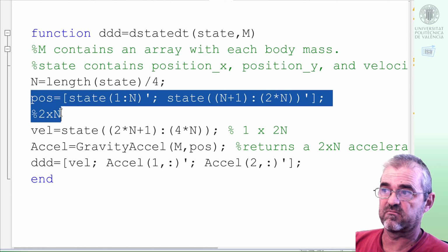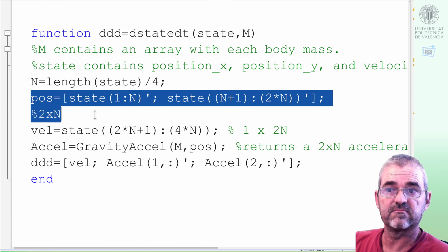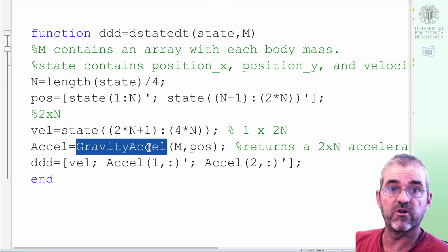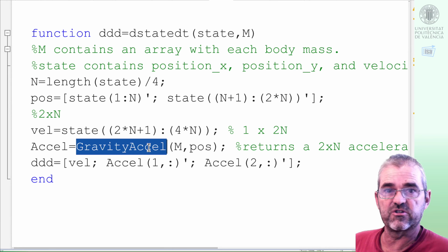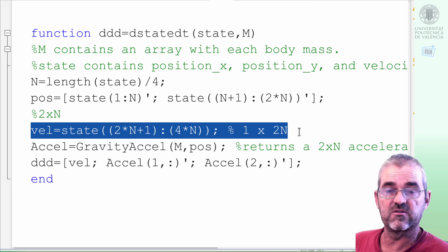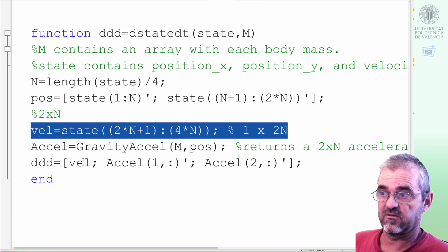And I will not reshape it like this because, as the gravity acceleration depends only on positions, there is no friction that might depend on velocities, so I need only the positions. Then I will just keep these 2n velocities, and I will say that those will be the derivatives of the corresponding positions.